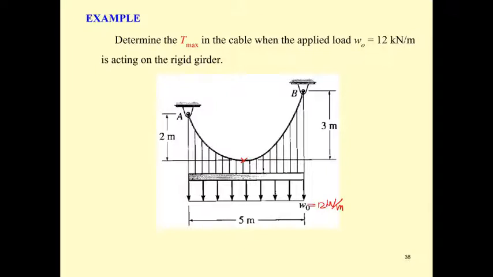So if we would like to analyze this cable, first we set this as the x-axis, and we also set this as the y-axis. And by doing that, if we would like to determine y, y is going to be w sub naught divided by 2 times F sub h, and then x squared. To use this equation, we have to determine the F sub h.